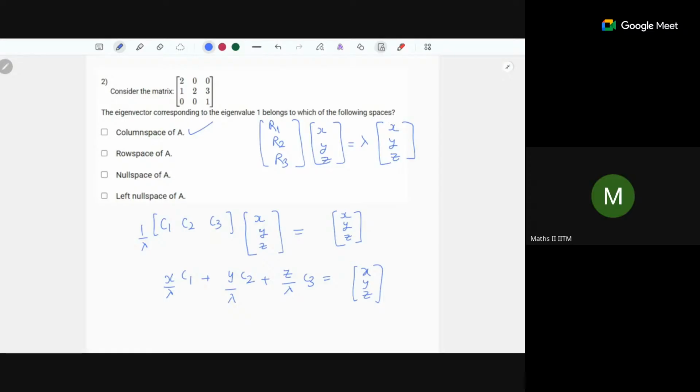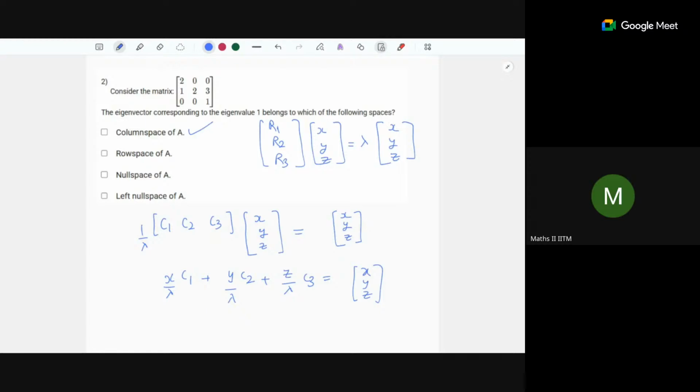Okay, that will not help us. I have a feeling it will be just the column space. No, the row space is also a correct answer.